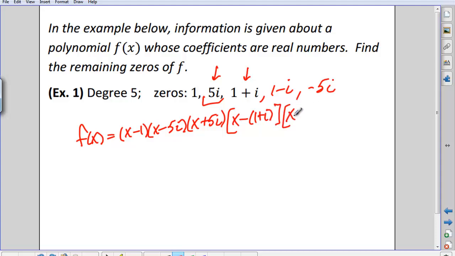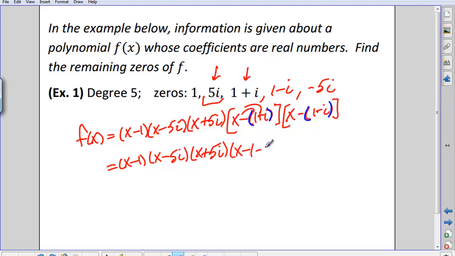The same thing for 1 minus i. Because there are two terms in those factors, you have to put some extra parentheses around those because we have to subtract that value. So you end up with x minus 1, x minus 5i, x plus 5i. Distributing the minus sign gives you x minus 1 minus i and x minus 1 plus i.